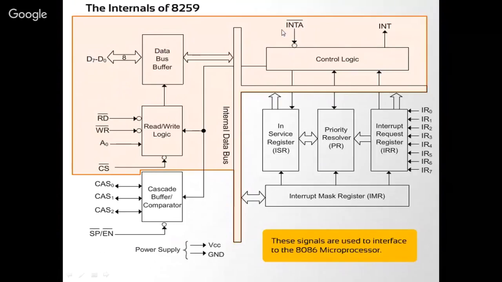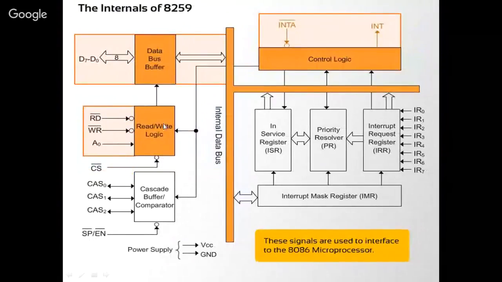The data bus buffer is used to interface the internal data bus of 8259 with the data bus of 8085 or 8086.